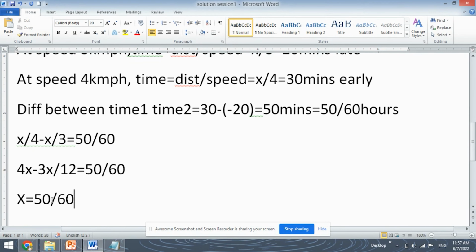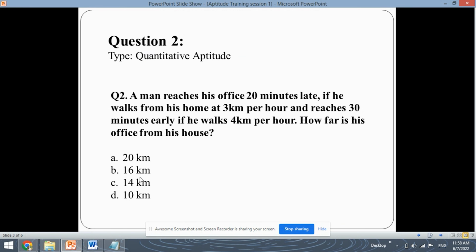Here the 50 will be multiplied by 12, because this 12 goes up to multiply with 50, and by dividing, the answer that we obtain is 10 kilometer. You can also do 5 by 6: 5 will get multiplied by 12 to get 60, and 60 divided by 6 is nothing but 10 kilometer. So our answer for this question is 10 kilometer.